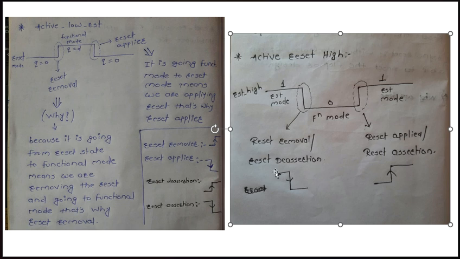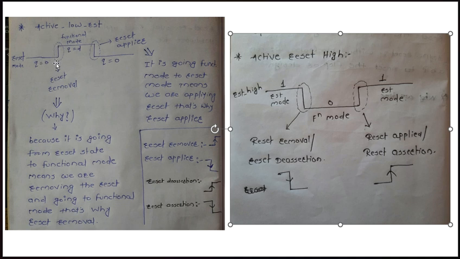And what is meant by reset deassertion and assertion? The meaning is in the word itself. What is reset deassertion in active low reset? Reset deassertion means we are deasserting the reset, meaning we are removing the reset. That's why it is called reset deassertion.